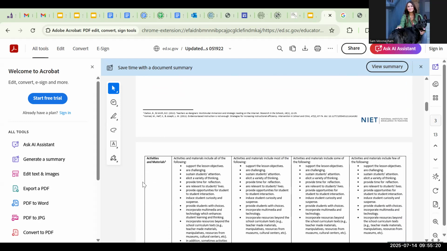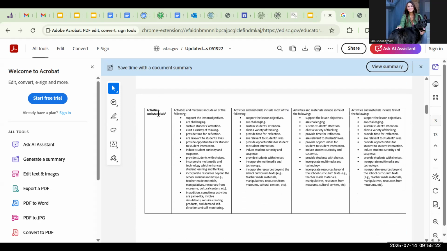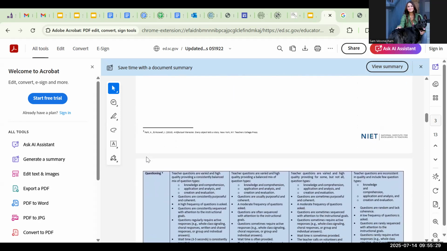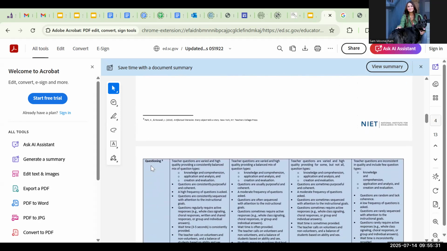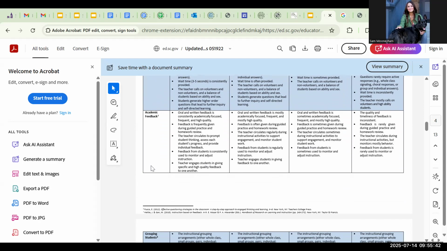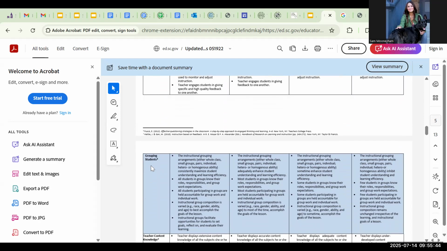I won't read all of these aloud to you because you can see for yourself clearly all of the components of instruction. So when you are being observed, when you are actually planning your lessons, forget being observed. When you're planning your lessons, when you're planning units of instruction, these are important to keep in mind.